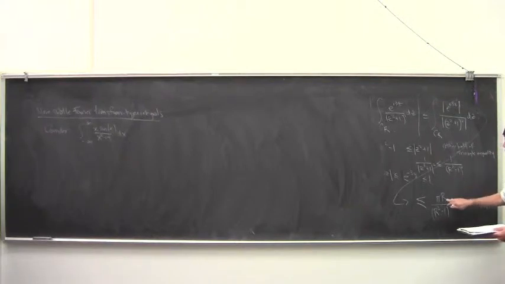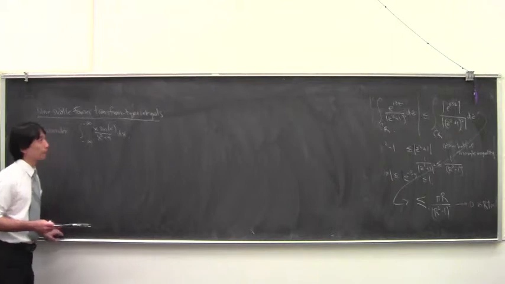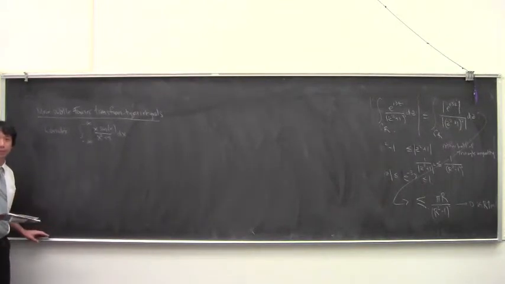And then you get pi r squared over r squared minus 4, and as r goes to infinity, it doesn't go to 0. So this can't be approached in such a simple way.